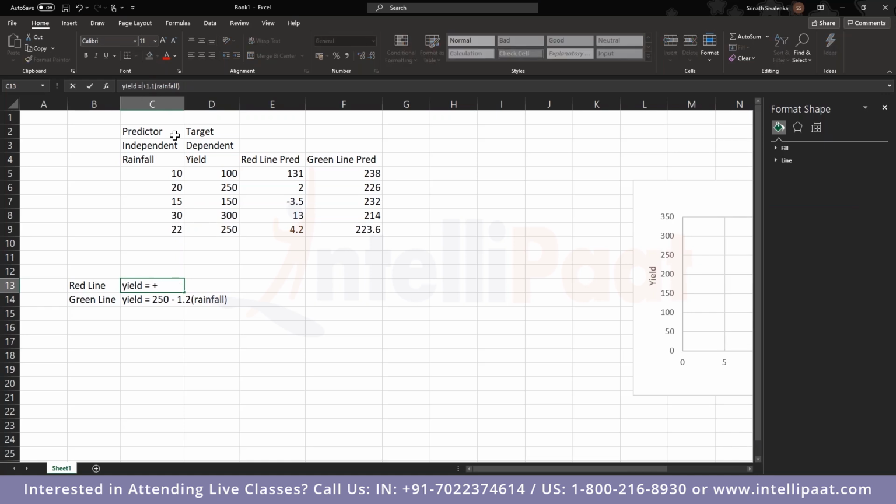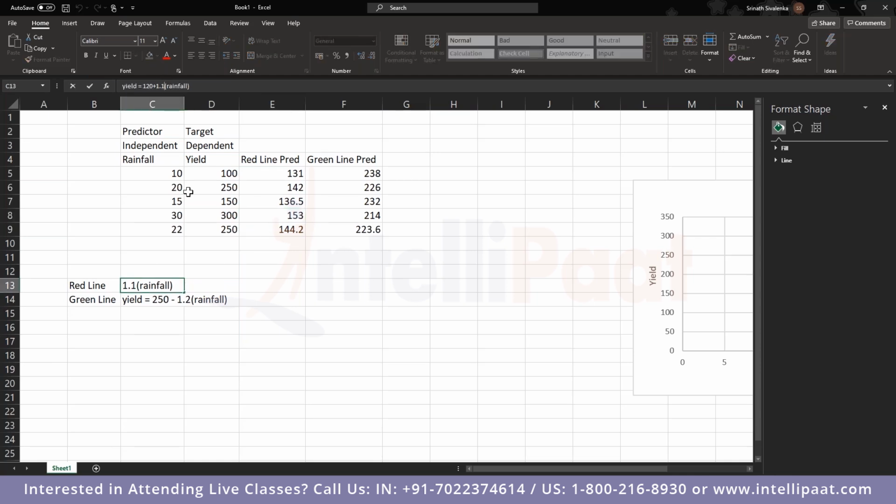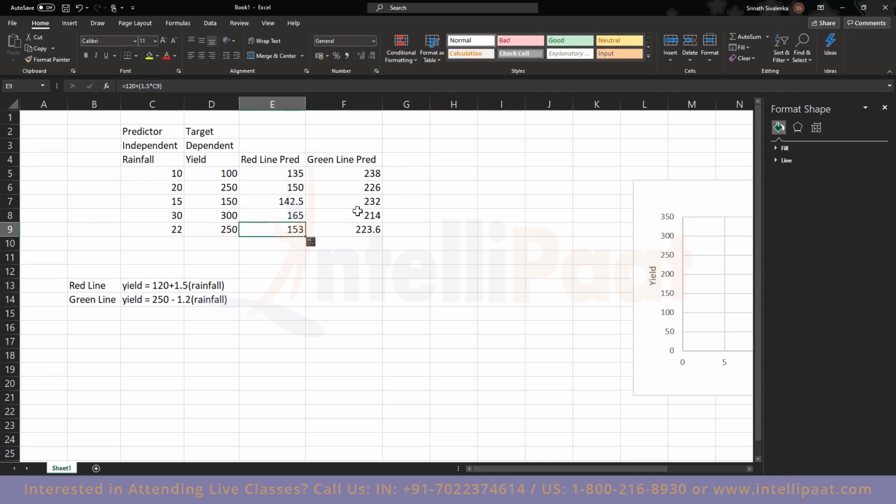I've kind of hypothesized it incorrectly. Let's do it this way. Sorry for the adjustments here. Yep. So these are my red line predictions and my green line predictions.